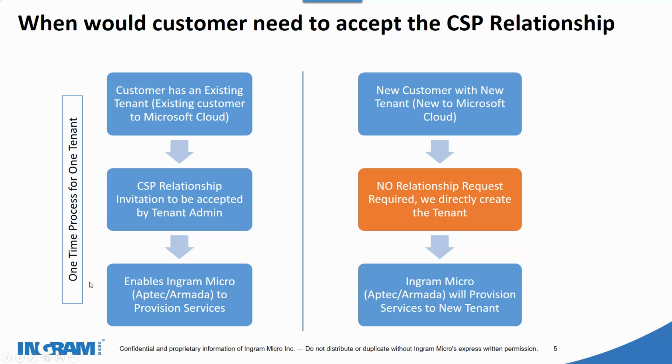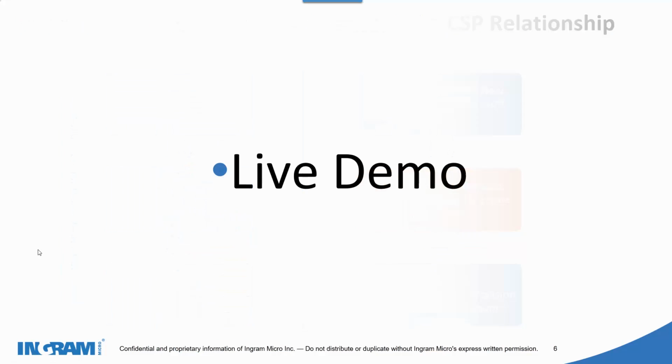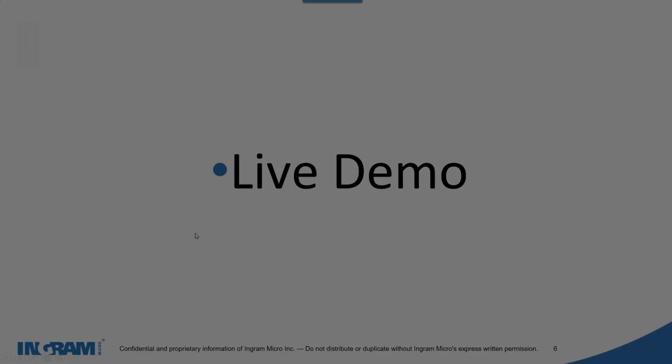Again, just to remind you, it's a one-time process for this relationship acceptance. Once this is done, you don't need to do this again and again. We're going to take a look at live action on how you accept and what the steps involved are. So stay tuned, we'll walk you through the live demo.